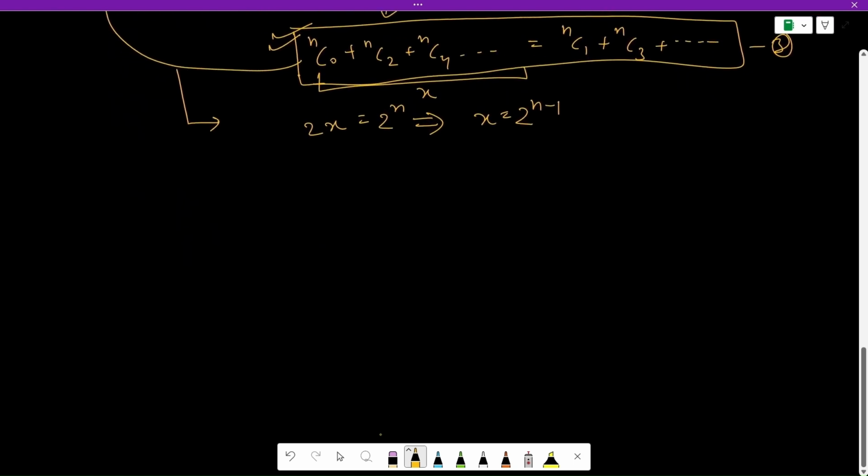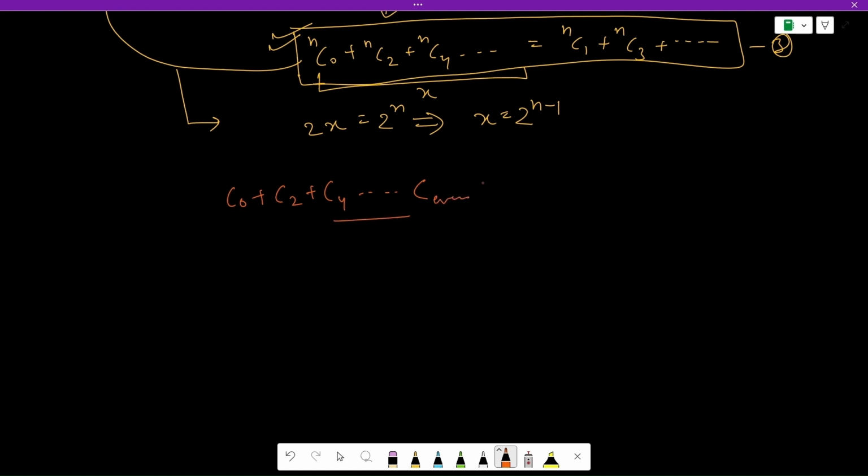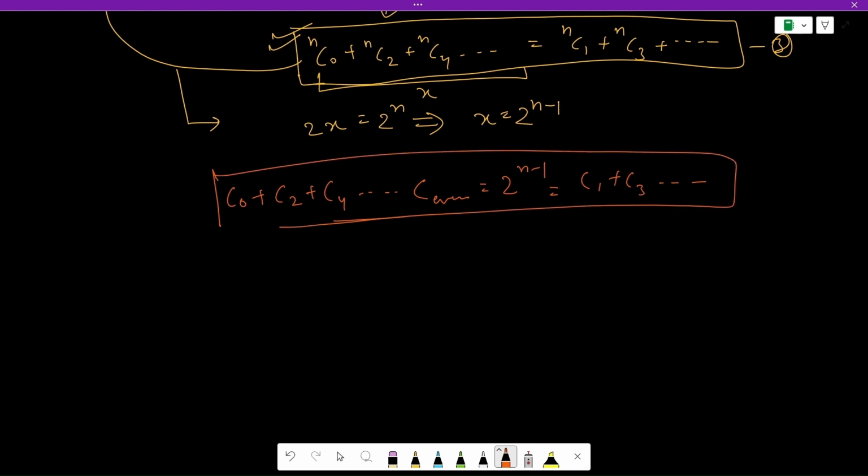Now from here what we see is c0 plus c2 plus c4 and so on till the last even term is equal to 2 to the power n minus 1, and it is equal to c1 plus c3 and so on. So this is another result that we get from them.